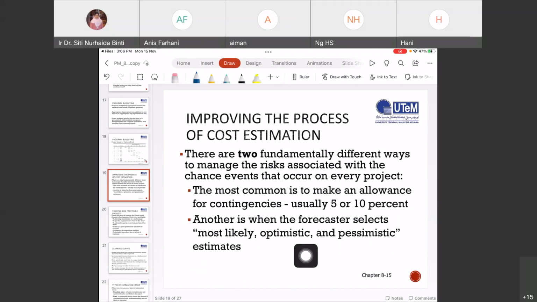So it's either you put an allowance in your budget, or you make most likely, optimistic, or pessimistic estimates in your budget.